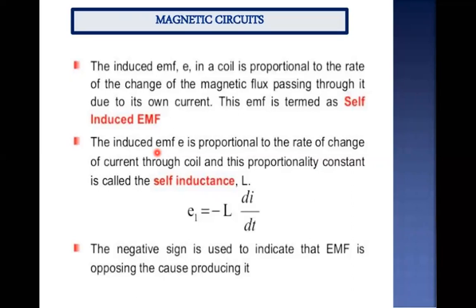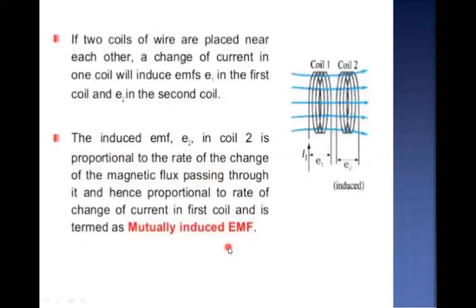The induced EMF is proportional to the rate of change of current in the coil and to a constant called L. I mean, phi is proportional to I, and d phi by dt is nothing but L di by dt, and this induced EMF is equal to minus L di by dt because inductance opposes the growth as well as decay of current in the circuit. The negative sign indicates that the EMF is opposing the cause producing it.